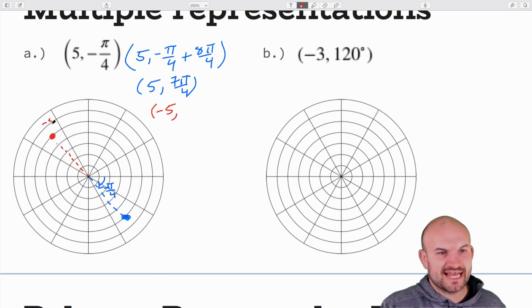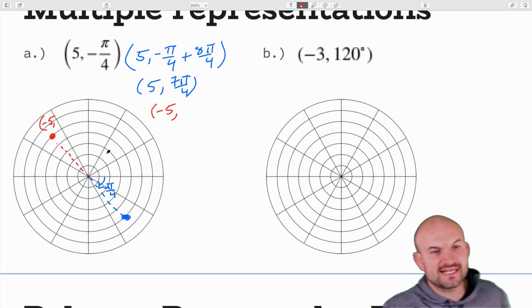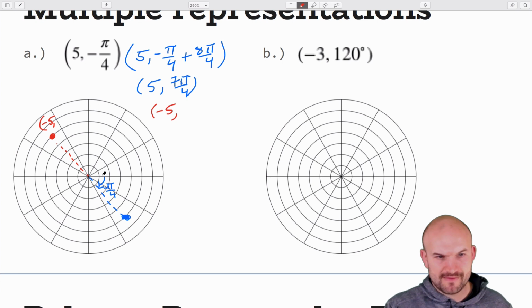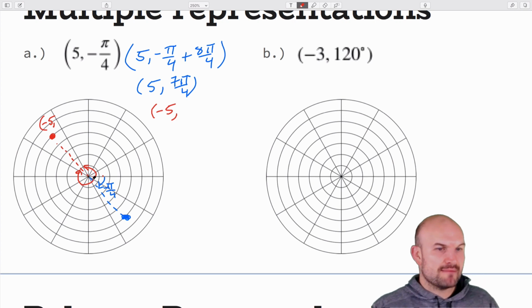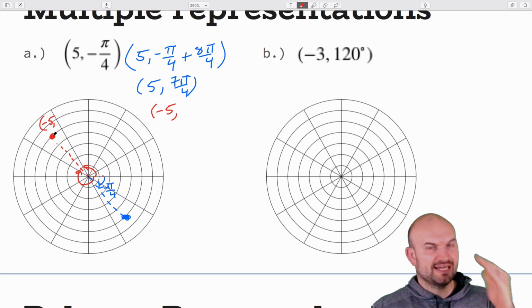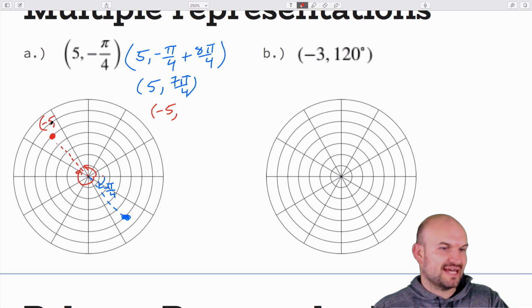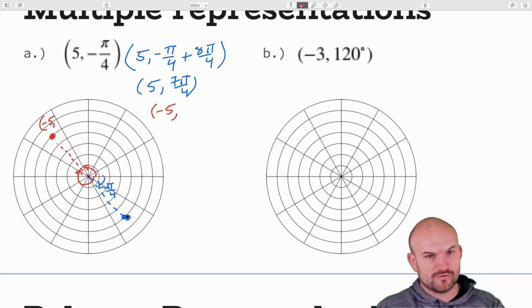So that's going to give me the negative 5 radius. And now what I need to do is understand, well, what is that angle here? So I could do this angle 2 different ways. I could do this angle, or I could do that angle. But again, my point is I want to take that angle to get me to here, which you can think about as positive 5, but once I make that a negative, it's going to reflect it back over to here.